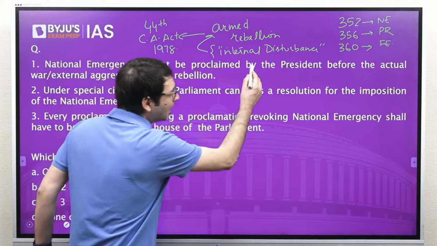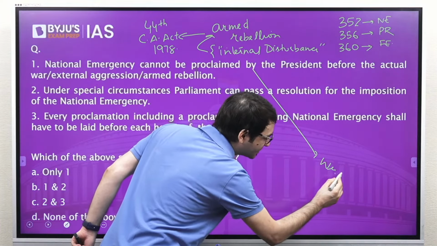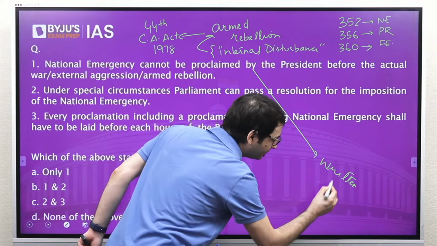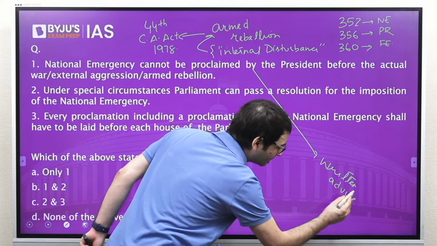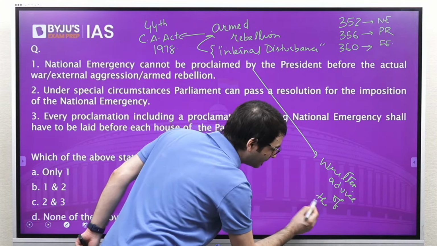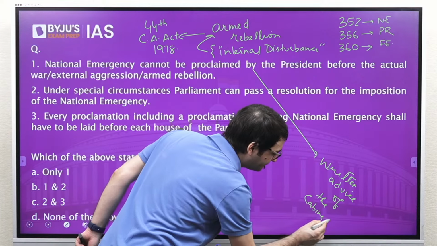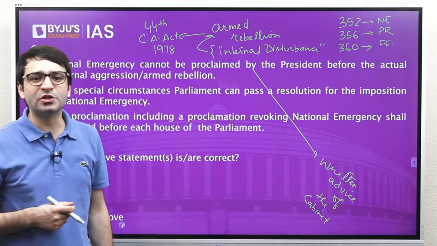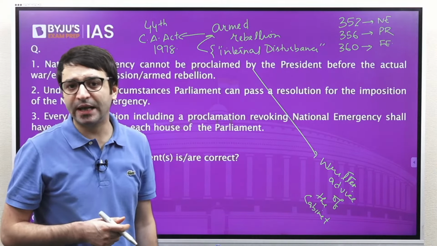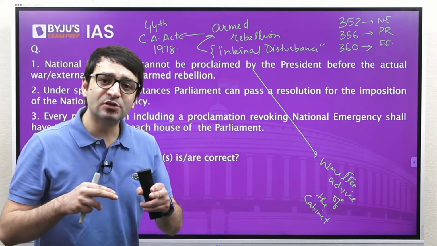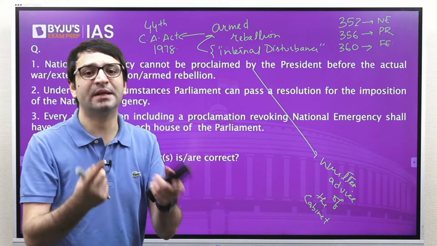That too on the written advice of the Cabinet. Because in 1975, when emergency was imposed, it was proclaimed by the President on the basis of the oral advice of the Prime Minister.